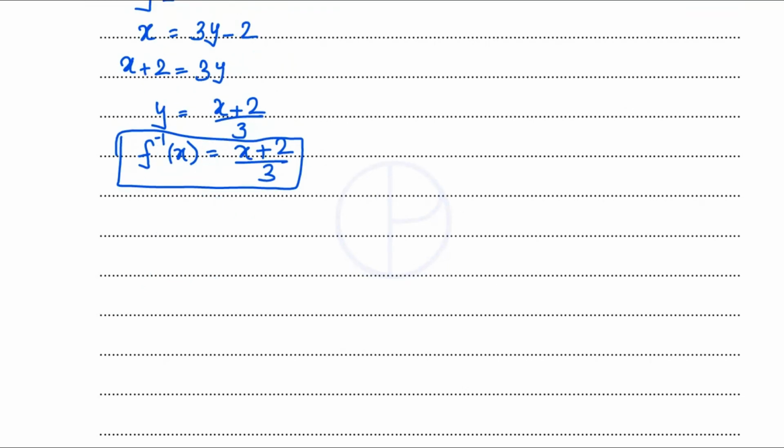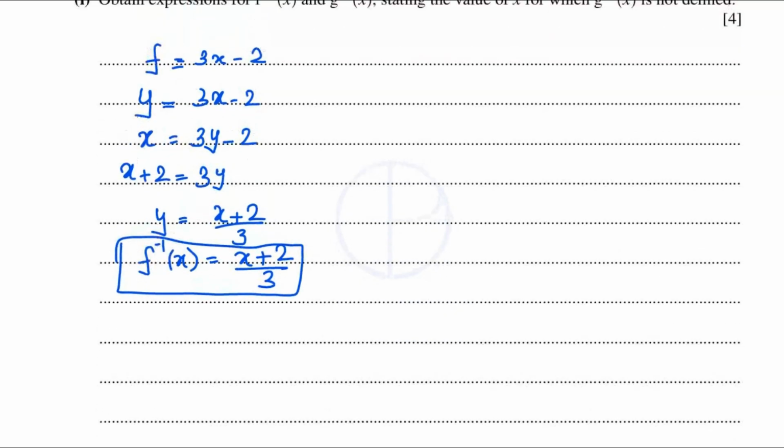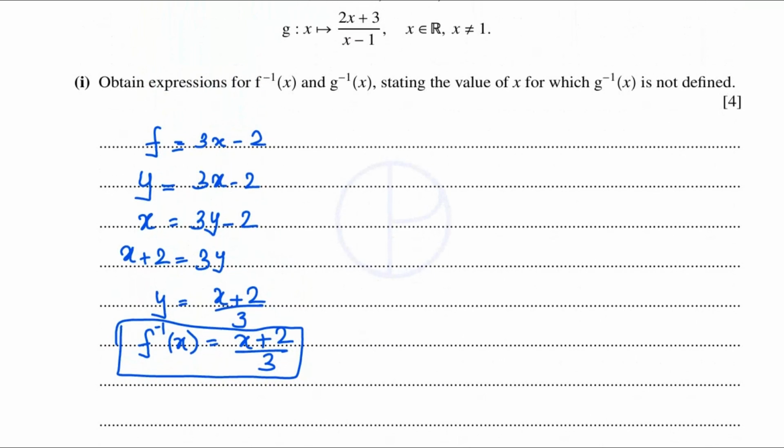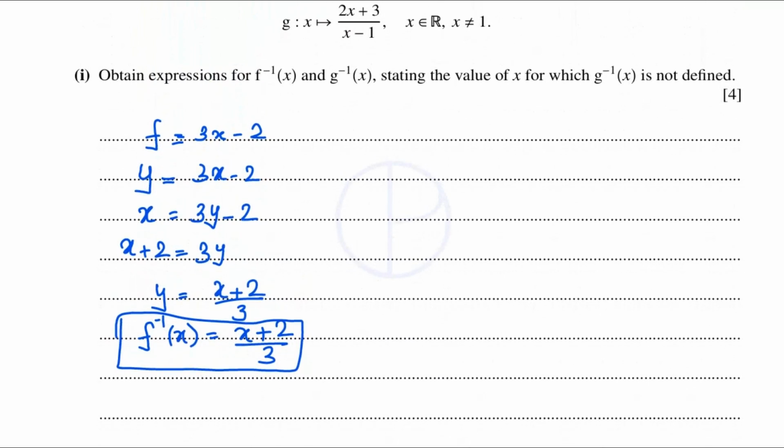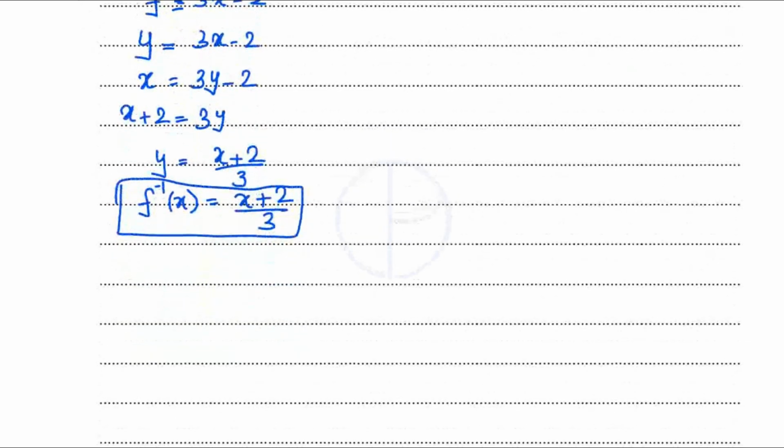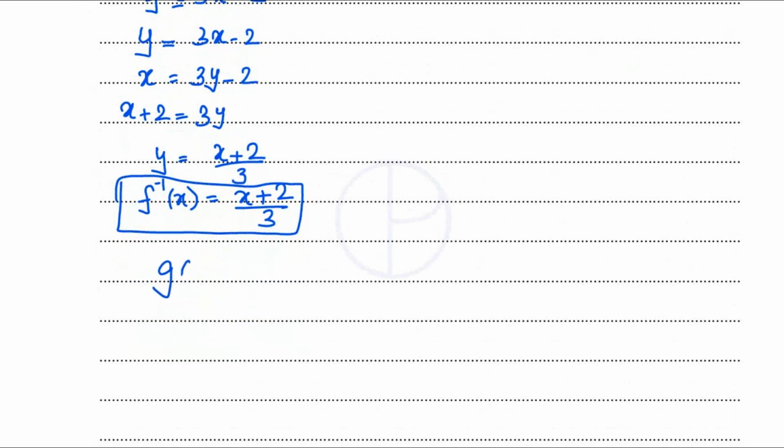Now let's find out the g inverse. So g of x is (2x plus 3) divided by (x minus 1). This can be written as y is equal to (2x plus 3) divided by (x minus 1).